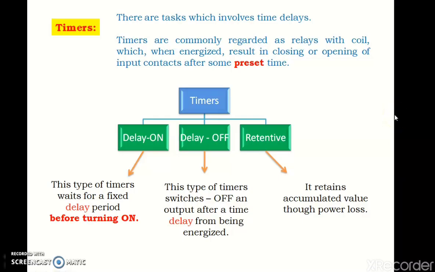Whenever problems involve step-by-step operations, in some cases we require a delay of time. That means after one operation, after some time, another operation should start. Or for some operations we require that they should stop after a certain time period.